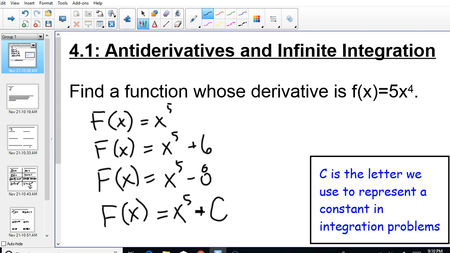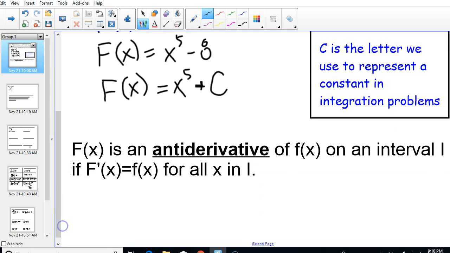So any number could have been added to the end there. Just a little notation: capital F is used for the antiderivative, and we see that the derivative of capital F equals the f of x that you're trying to find the antiderivative of.